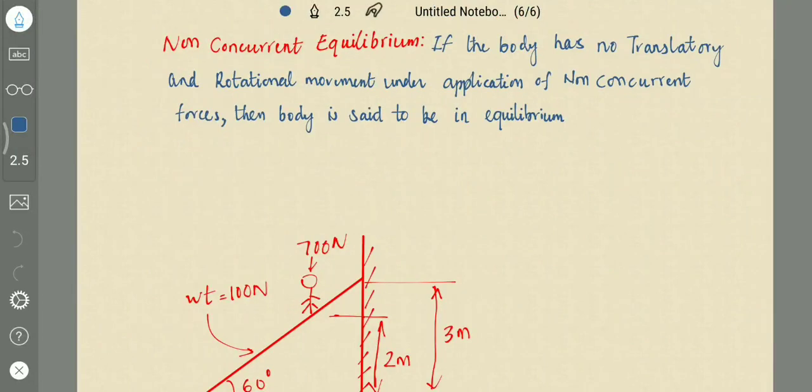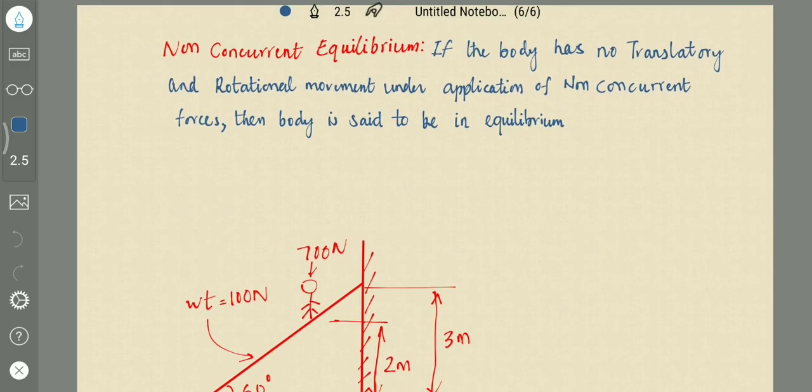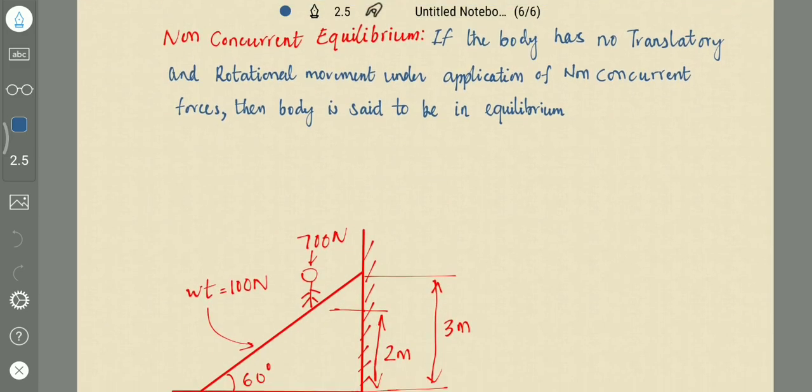Till now we have seen, if concurrent forces are acting on a body, what is the equilibrium? If non-concurrent forces are acting on a body, what will be the definition of equilibrium? In concurrent forces, we have seen that there should be no change in rest, which means if a body is at rest, it should not move.